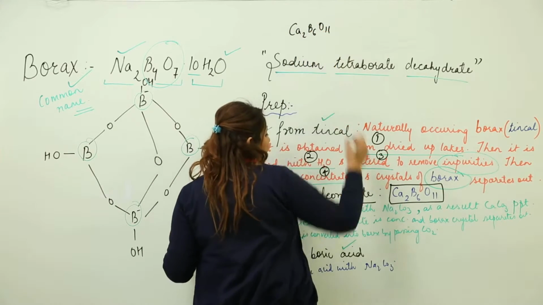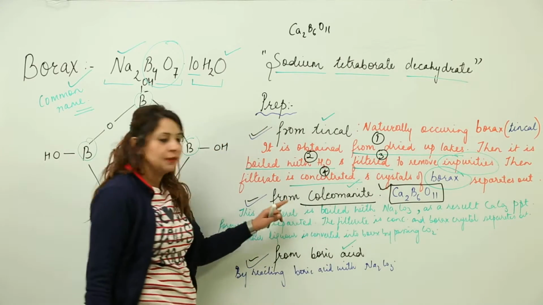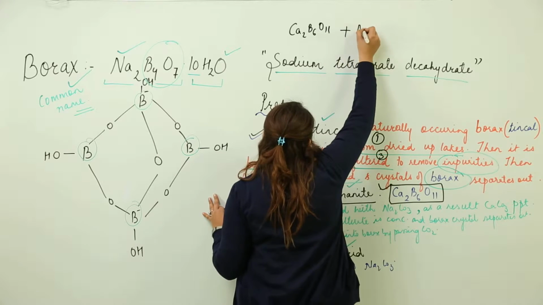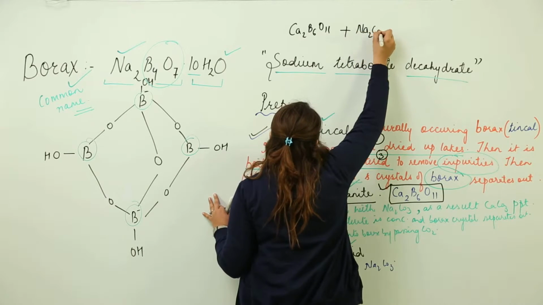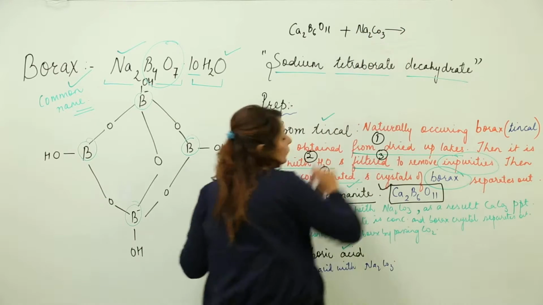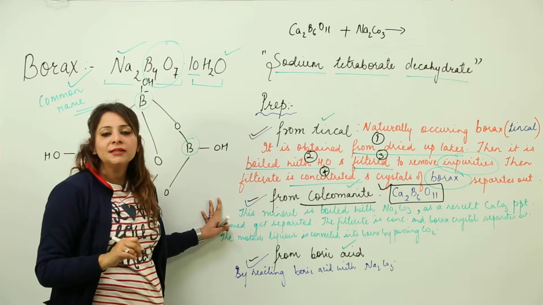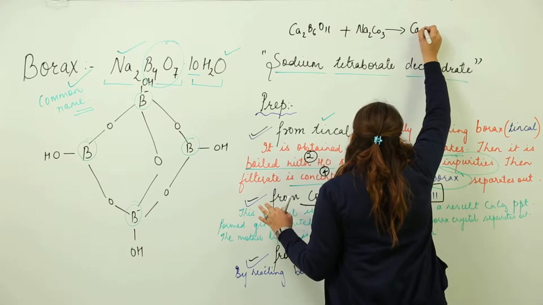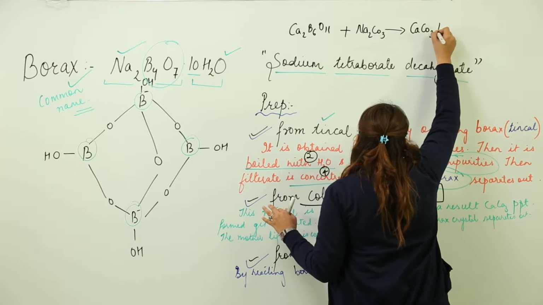Ca2B6O11, this is the colemanite mineral. Then what we do is boil it with sodium carbonate. When we boil it, they both react, and as a result they form a precipitate of calcium carbonate.